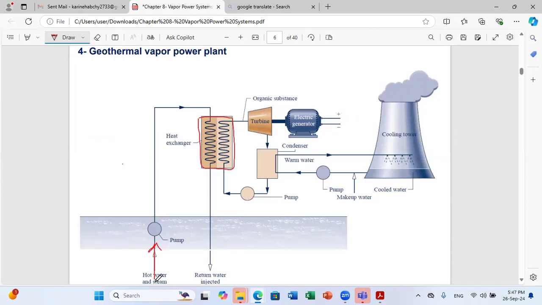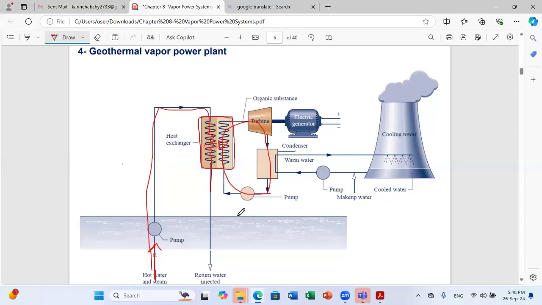When you extract hot water from deep levels, you can pass it through the heat exchanger, which is your boiler, where heat will be extracted from the water taken from under the earth, and it will provide heat to the fluid or refrigerant moving through your Rankine cycle, through the four components of the closed cycle of your Rankine system.